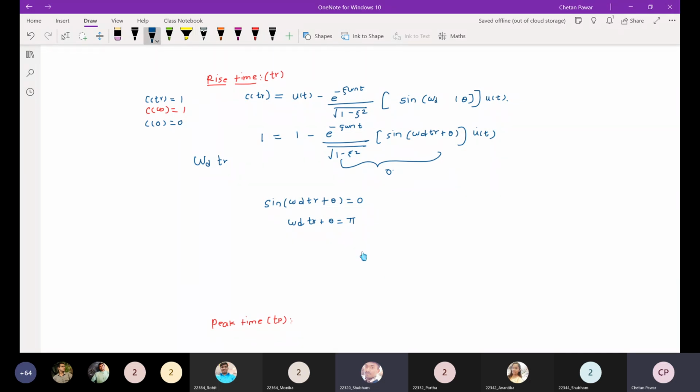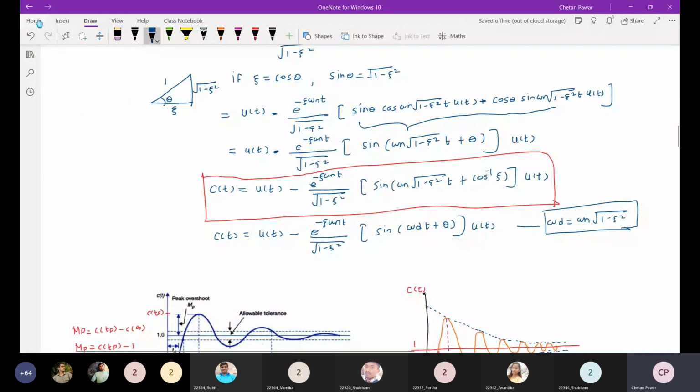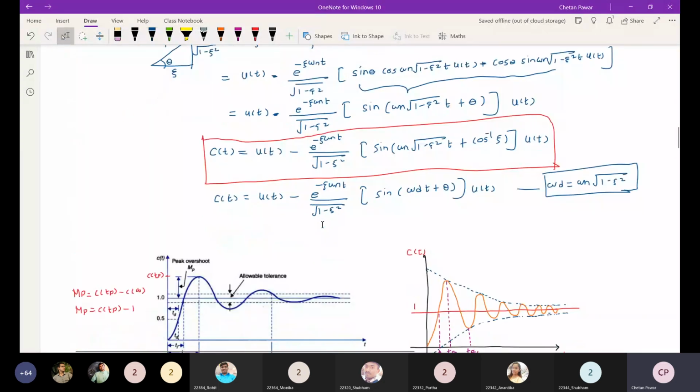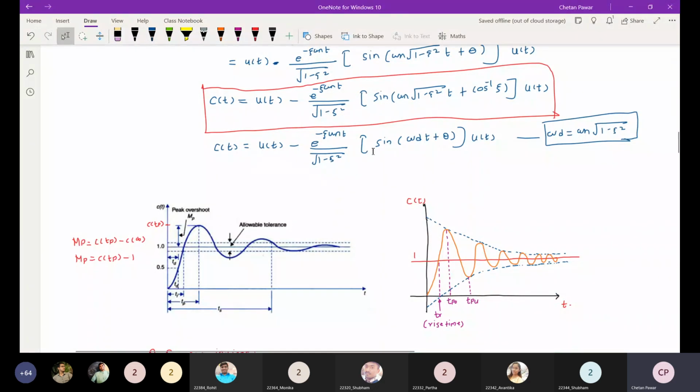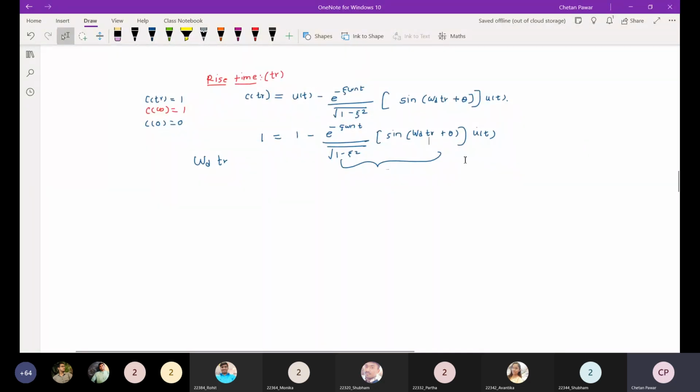Damping frequency only. This particular waveform is drawn using this equation, that is the damping frequency, and I am putting TR because I want to calculate the rise time.